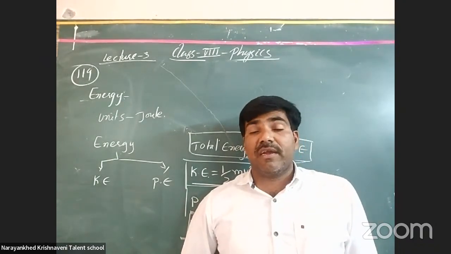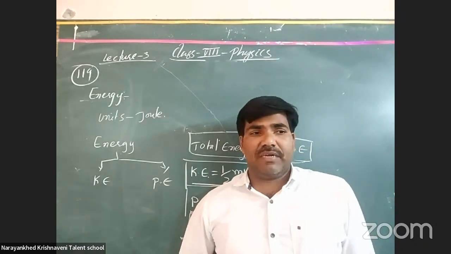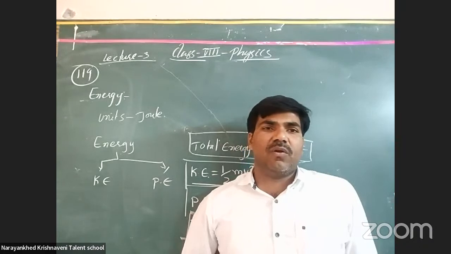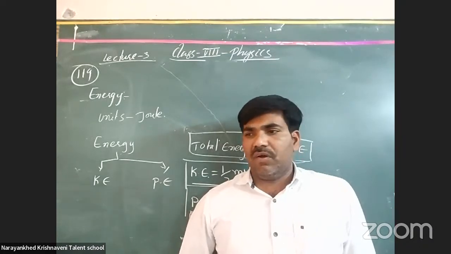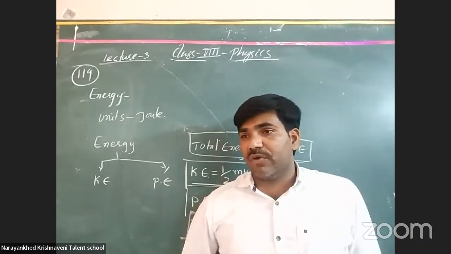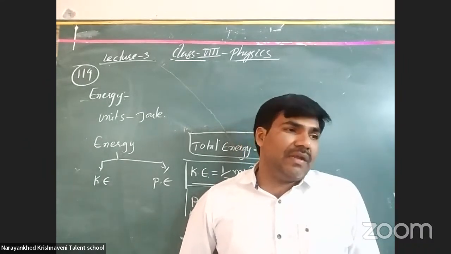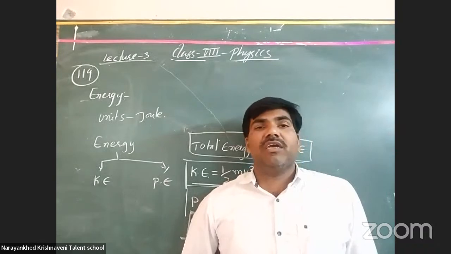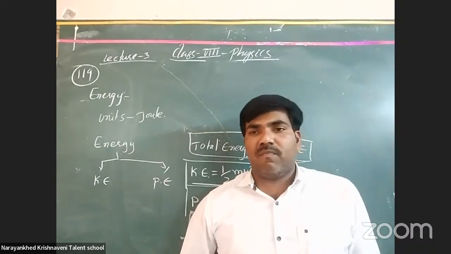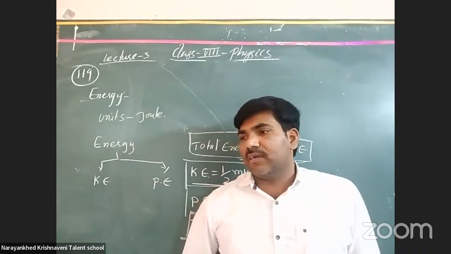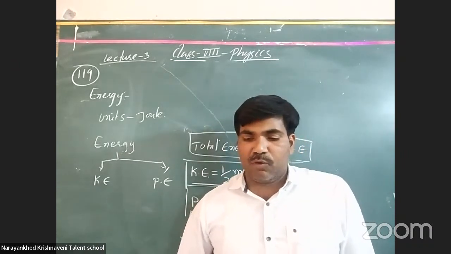Otherwise, if the body is at rest, the body does not contain kinetic energy. It contains only potential energy. Got it or not? This is the information about energy. Depending on the position and the velocity, the body changes kinetic energy to potential energy, and potential energy to kinetic. Okay, this is only about these things.